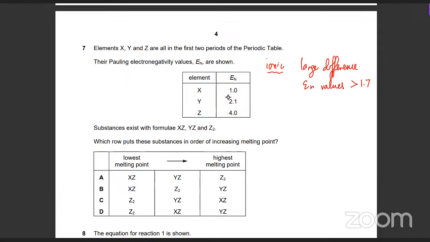So the compound is probably going to be ionic, and ionic compounds have high melting points. It's a crystalline structure, a bunch of positive and negative ions all attracted to each other. That is what an ionic compound is. So which one do you think is ionic? It's going to have the highest melting point. So Z square, X, YZ, XZ, YZ.